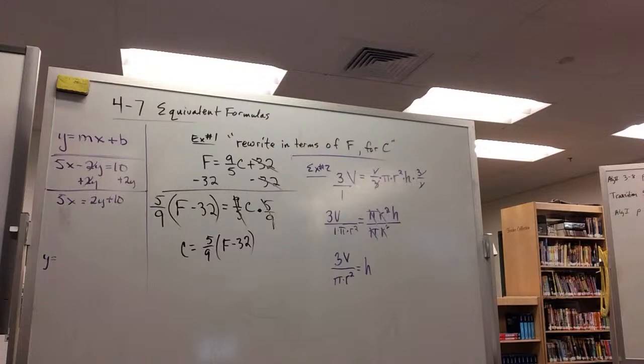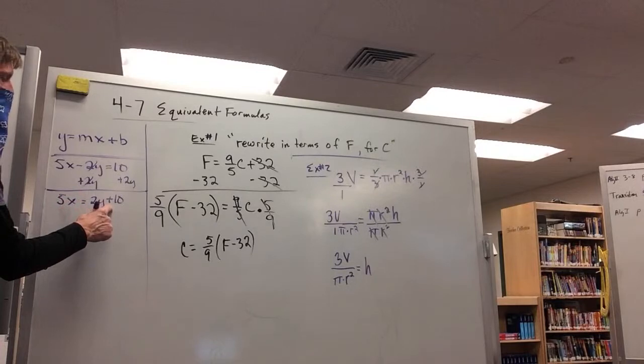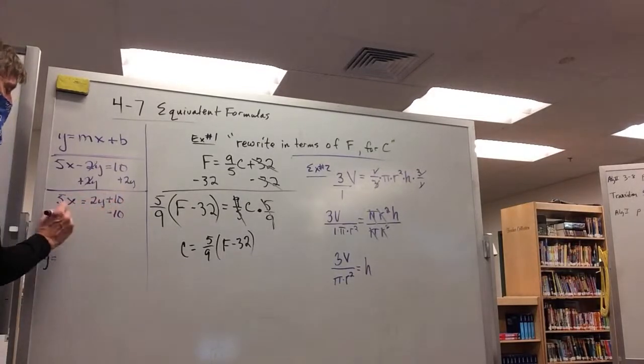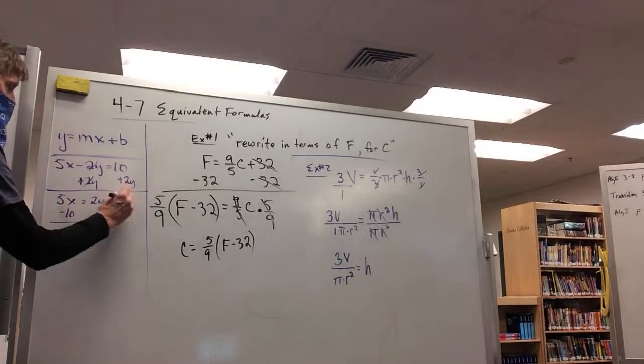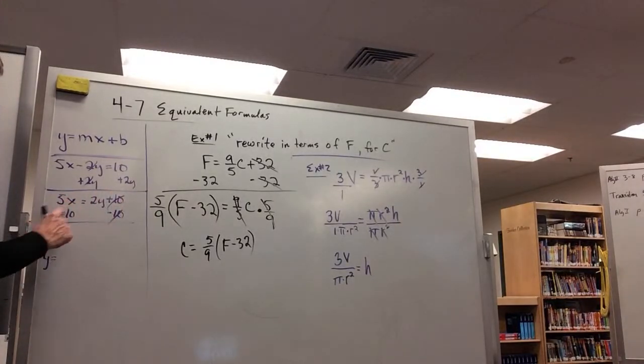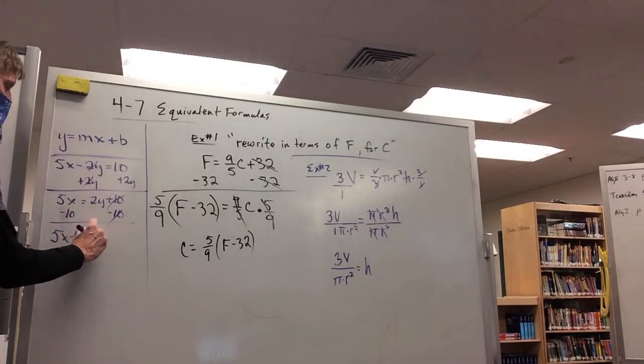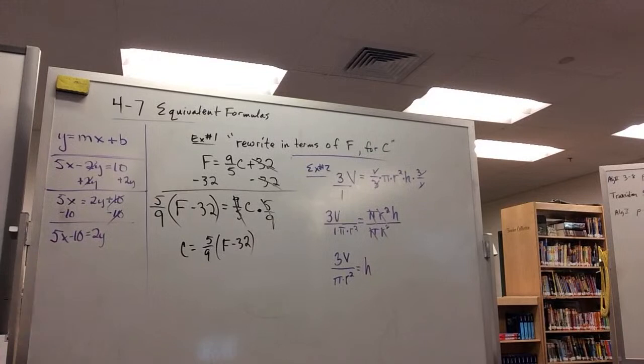Gotta talk loud through that mask. Well, yeah, you can get rid of the 10 because it's just being added. So you could subtract it, then it cancels from both sides. Now we have 5x minus 10 is equal to 2 times y. Now what?